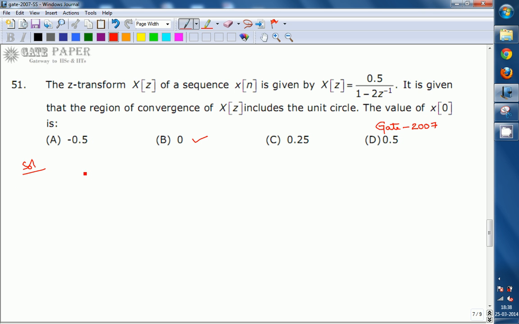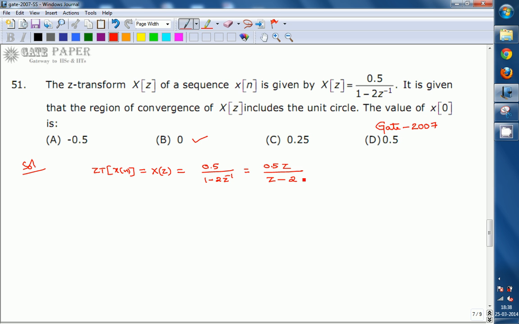So coming to the solution, here it is given that the Z transform of x(n), represented with capital X(z), is 0.5 divided by 1 minus 2z^-1. Writing z^-1 as 1/z and taking the LCM, this becomes 0.5z divided by z minus 2.